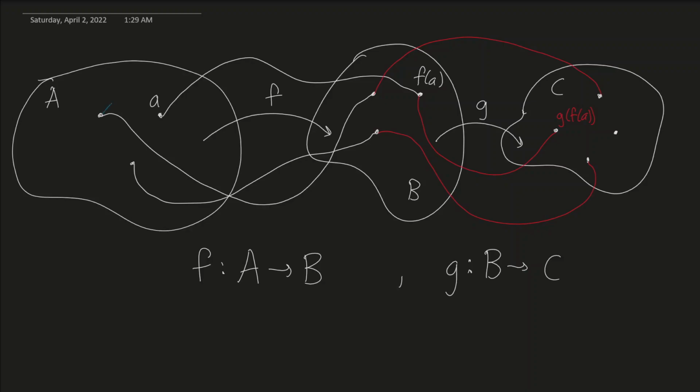So I can directly go from here to here, and A maps to g of f of A, right?